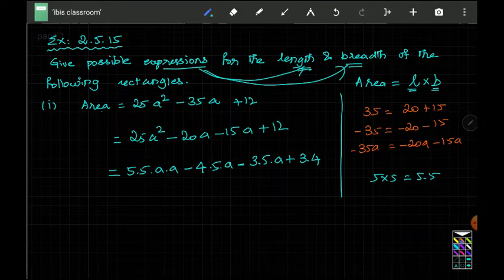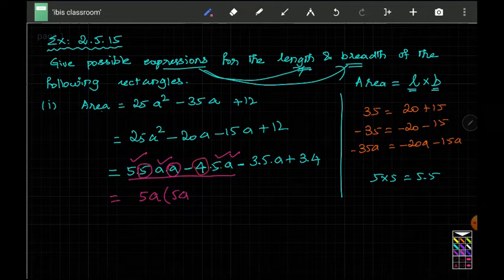So what are the two possible things? In this, if you take 5a common out here, then 5 and one a extra will be here, 5a, and this 4 is remaining. So 5a minus 4, minus this 3 into 5 into a, right?